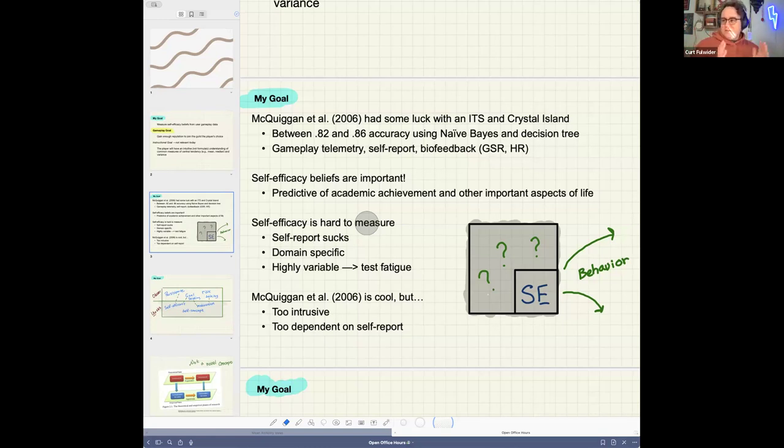Bandura specifically addressed that in one of his papers, which is kind of fun, saying that no, self-efficacy is operating inside this black box, and we can get at it, and we should get at it because it influences the behaviors that are coming out of the box. So what I'm seeing with overlooking self-efficacy is a huge bias in the foundational principles of assessment.